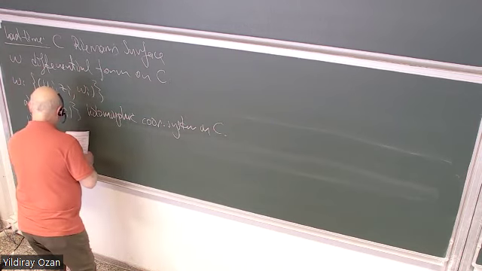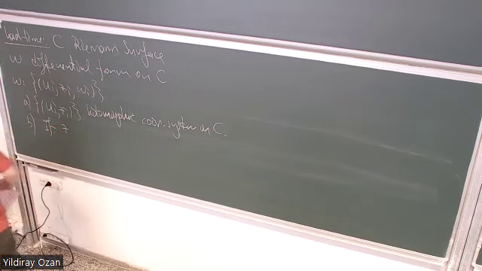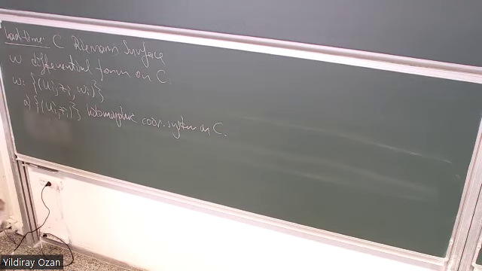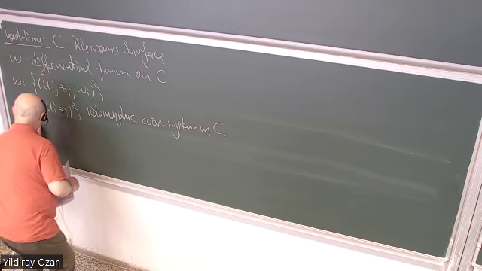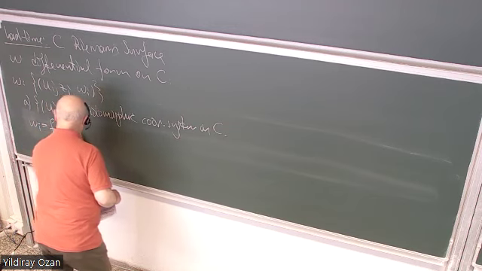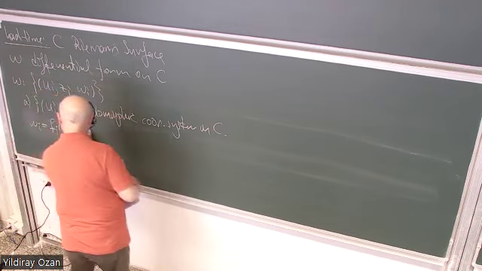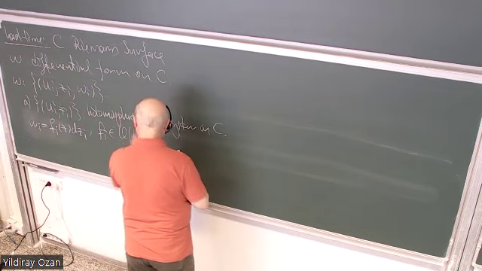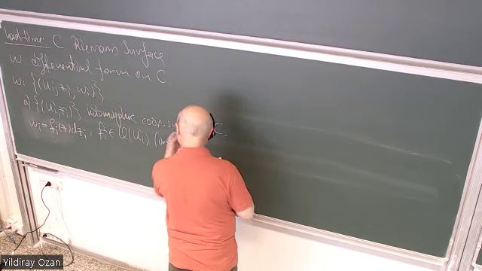Sorry, a holomorphic coordinate system, and W on this coordinate system is just Fi of Zi dZi, where Fi is either a holomorphic function or a meromorphic function.